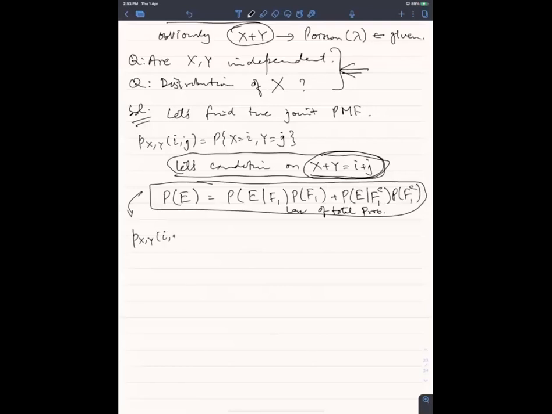So using this, let's try to write P_xy(i, j), which is equal to the probability that x is equal to i, y is equal to j.